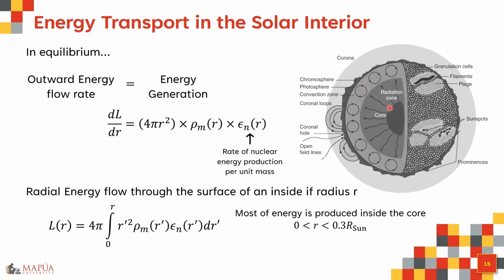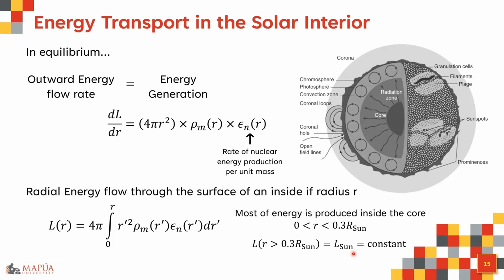So we can assume that the energy flow rate is constant for positions outside the core. We call that L of the sun, which is a constant, and we can calculate it at the surface of the sun. Right now we're not going to focus too much on the values, but on the meaning of these equations.